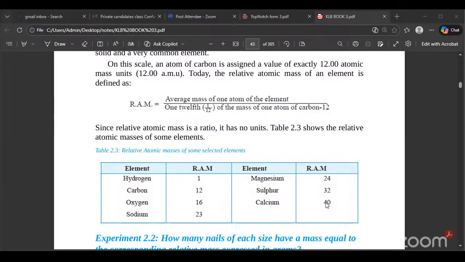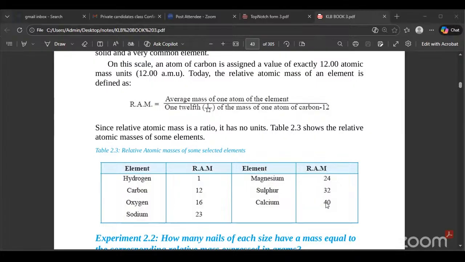When you go to Form 2, we have the atomic number and the mass number. So you remember that the atomic number is the protons. The mass number is protons plus neutrons. Now, always remember that protons are equal to electrons. Neutrons could be changing because they do not have a charge.